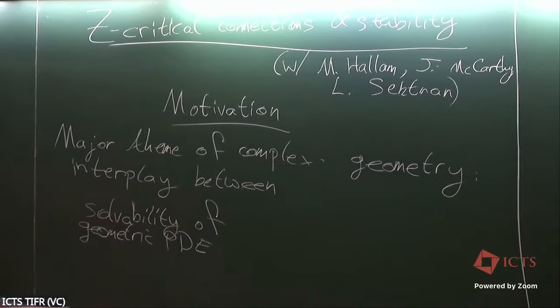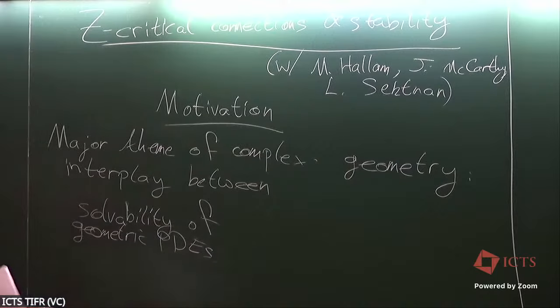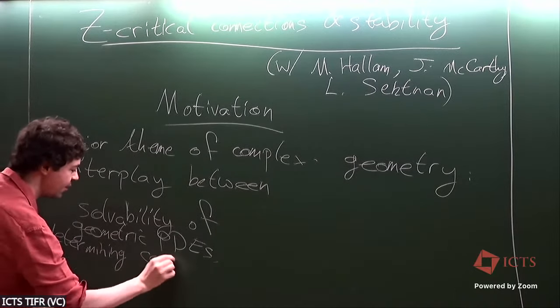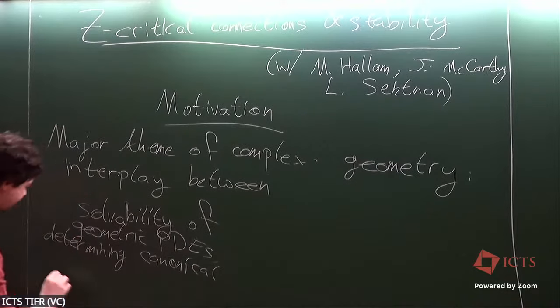So these are PDEs determining natural or canonical metric structures on the objects that you might be interested in. So these are PDEs for metrics in various categories.